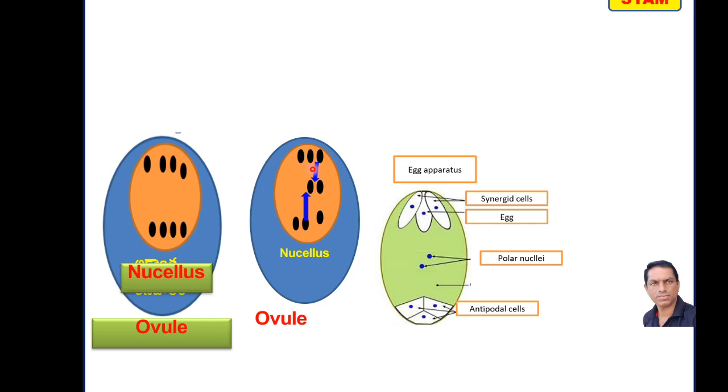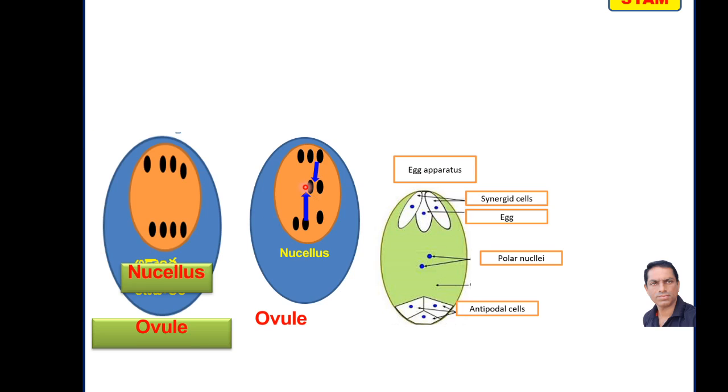From the micropyle quadrate, one nucleus migrates downwards and reaches the middle of the embryo sac. In the chalazal quadrate, one nucleus migrates upwards and reaches the middle of the embryo sac, or female gametophyte.